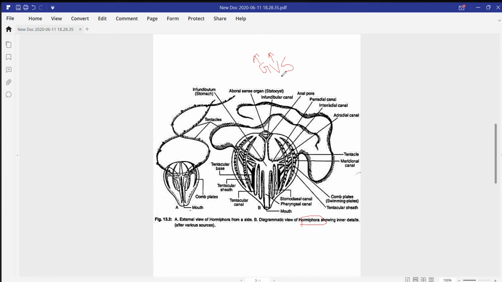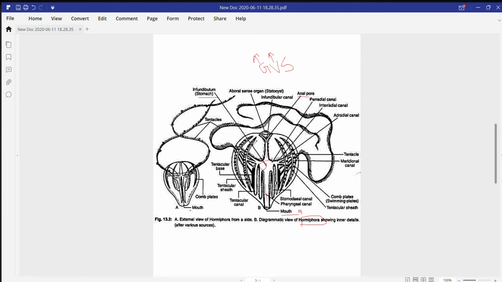This cavity gives rise to the mouth, the pharynx region, the stomach region, followed by the anal region. The region towards the mouth we call the oral surface, while the region towards the anal pore we call the aboral surface.